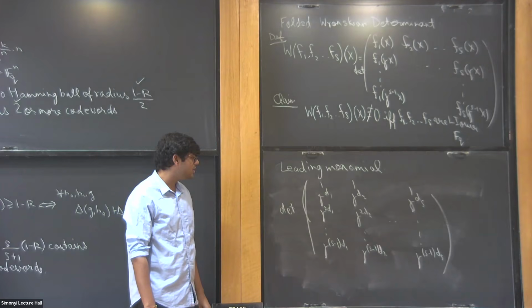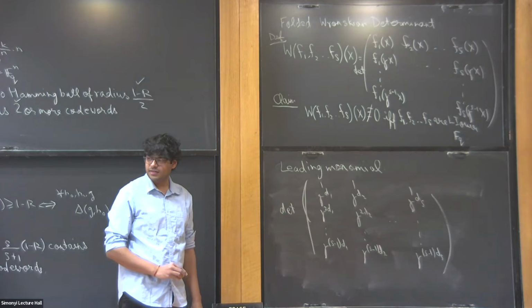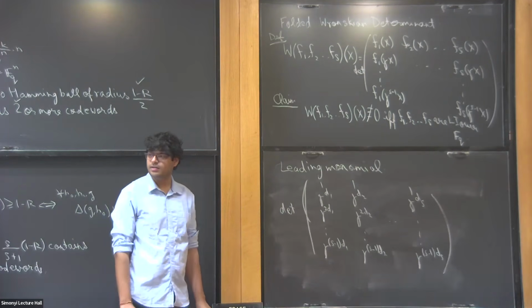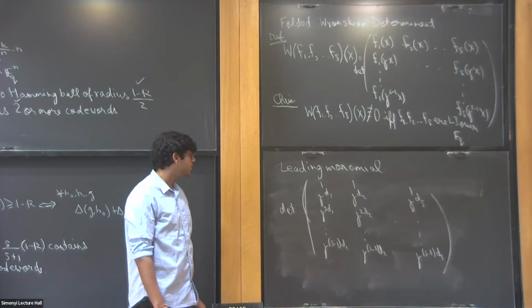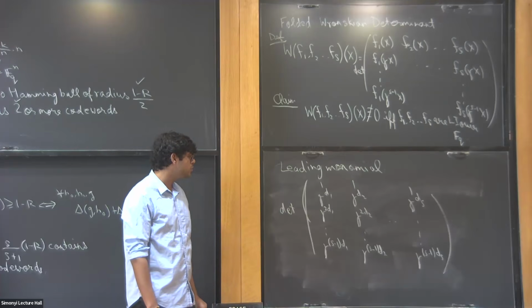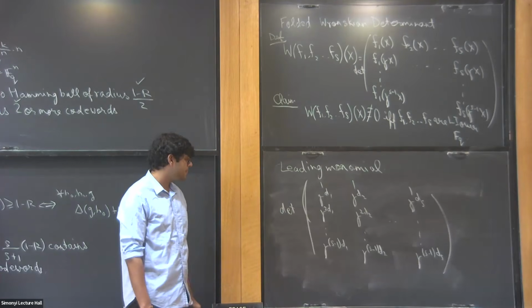You are looking at the highest degree term of the determinant. Its degree is D1 plus D2 plus and so on. The point is that the highest degree of the determinant is the product of the highest degree monomials. And therefore, if you want to prove that it's not zero, it's sufficient to show that this term is not zero. Am I following? Yeah, that's good. Okay.